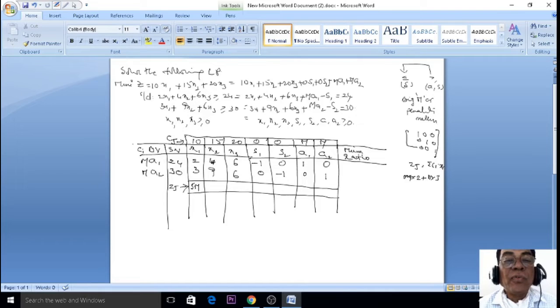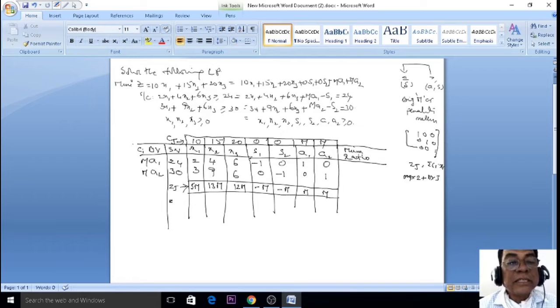M into 4 plus M into 9, 13M. M into 6 plus M into 6, 12M. Then this is minus M, because M into 0 plus M into minus 1. Like this it is M and this is M.